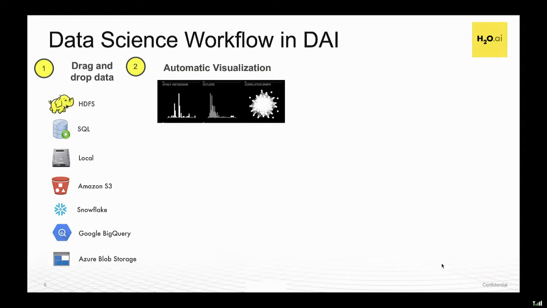What AutoViz does for you is it creates common statistical charts on every column and combination of columns in your data set, and it returns back to you the interesting ones. So you don't have to take the time, either in a UI or writing code, of trying all the different combinations and trying to understand what might be messy or interesting in your data. This is done for you, and all interesting visualizations are shown, and then you can explore them as you need.